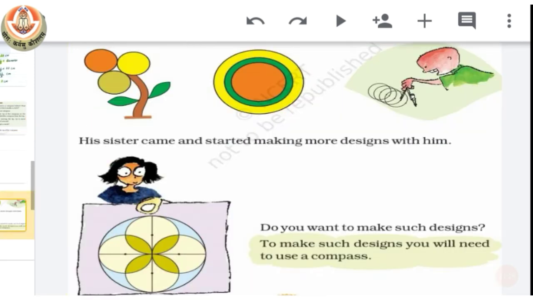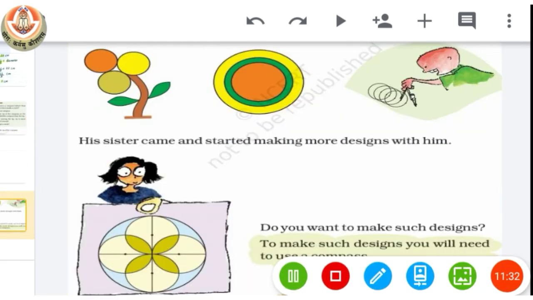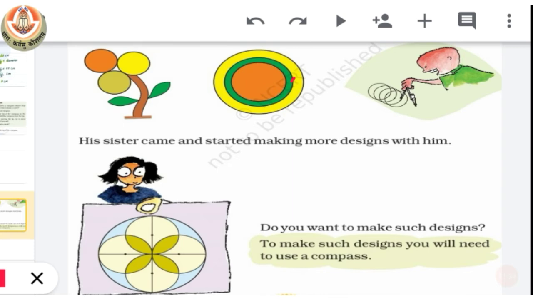Then you can easily make the outer green circle, and for the yellow circle you have to increase the distance between the compass pin and pencil point even more. Now let's see how this design could be made.